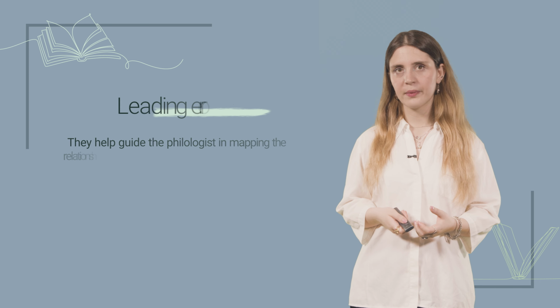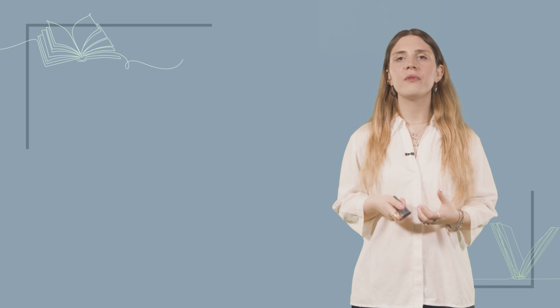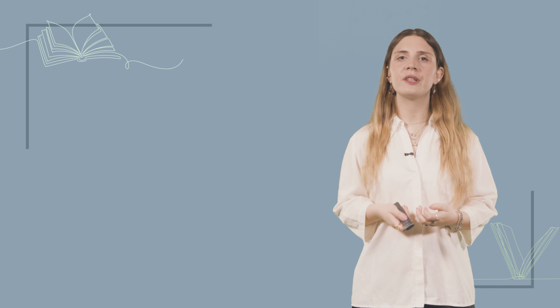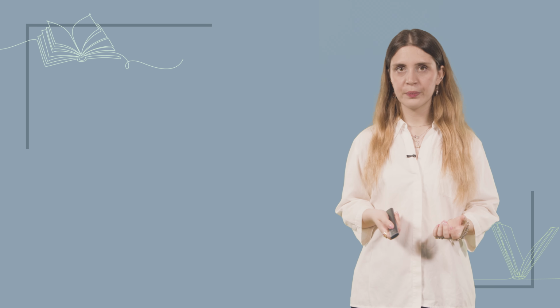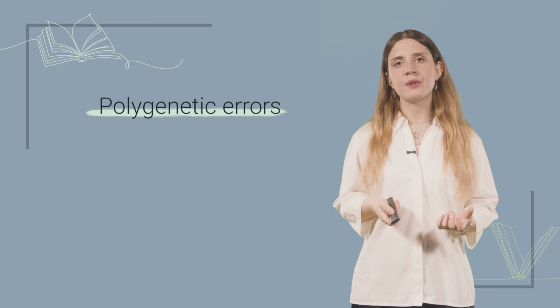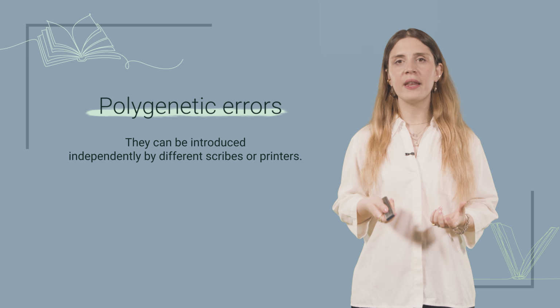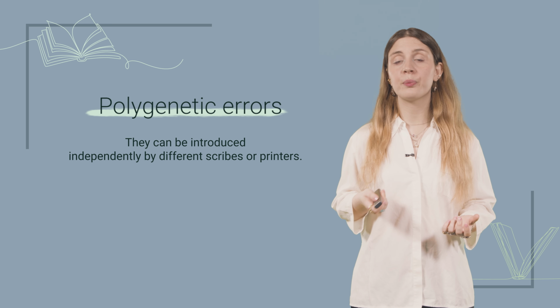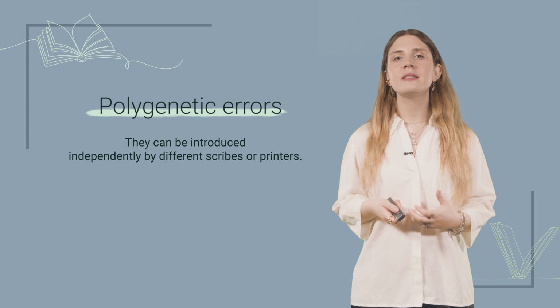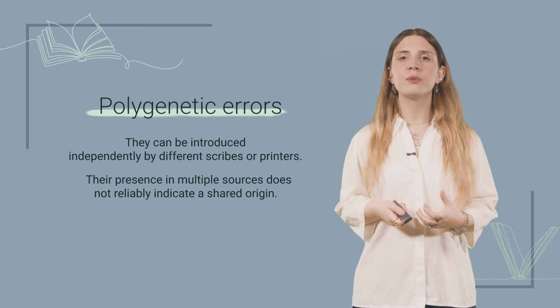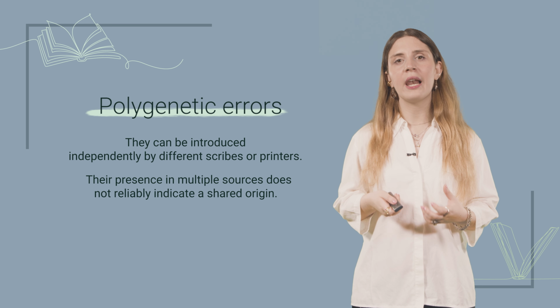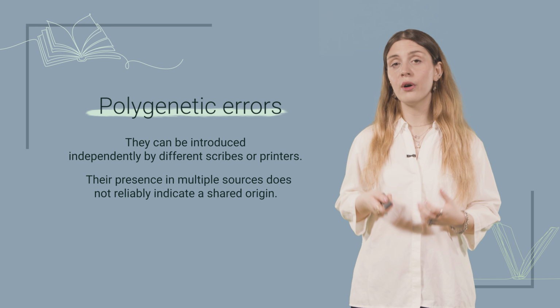witnesses. In the previous module of this MOOC, we introduced the distinction between polygenetic and monogenetic errors. Polygenetic errors can be introduced independently by different scribes or printers. Because they may arise more than once, their presence in multiple sources does not reliably indicate a shared origin.